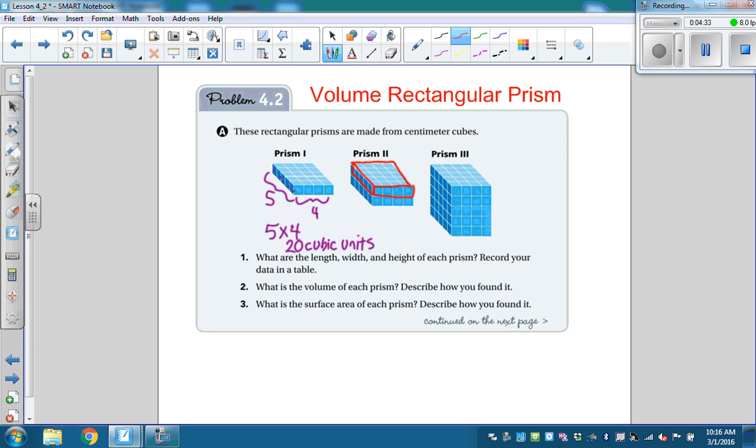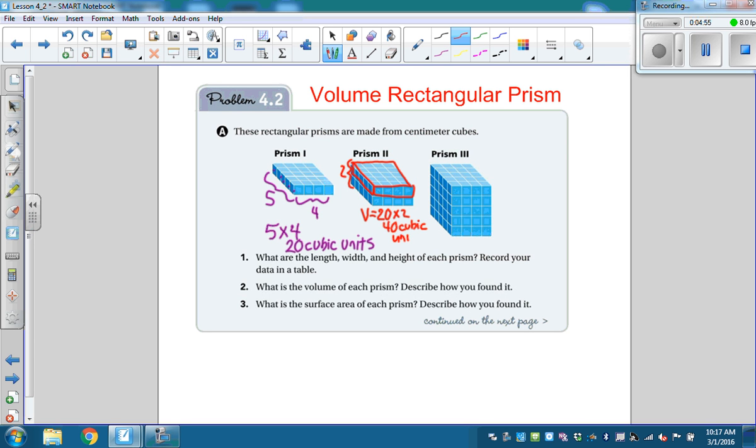The difference is there's 2 levels. So the volume of prism 2 would be the 20 cubes on the surface times the 2 cubes representing 1 for each level, so 40 cubic units.